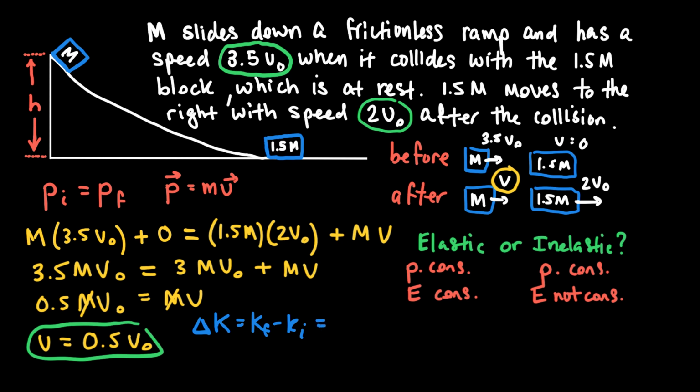So first I need to find the final kinetic energy of the system. The final kinetic energy is due to both blocks, because both blocks have some kinetic energy, so I have to add up the kinetic energies of both.